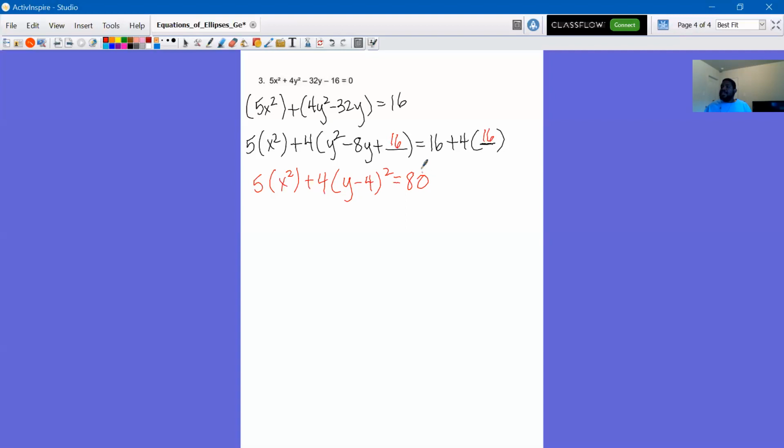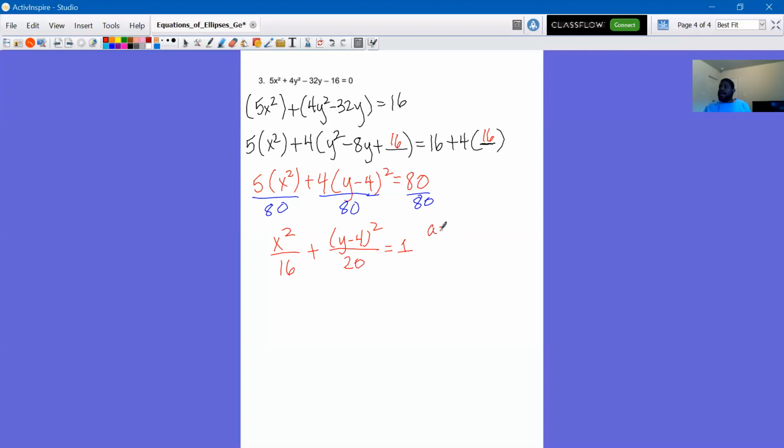Now I want to divide both sides by 80, because I need that to be a 1. And when I divide by 80, I'm going to get x squared over 16 plus y minus 4 squared over 20 equals 1.